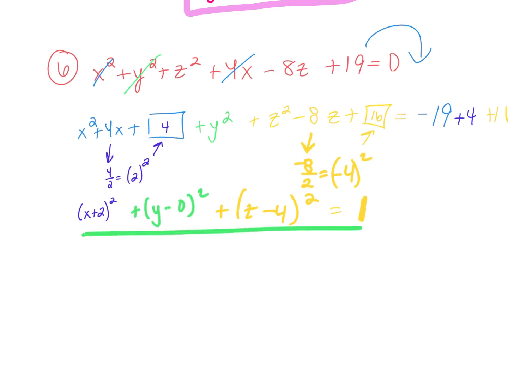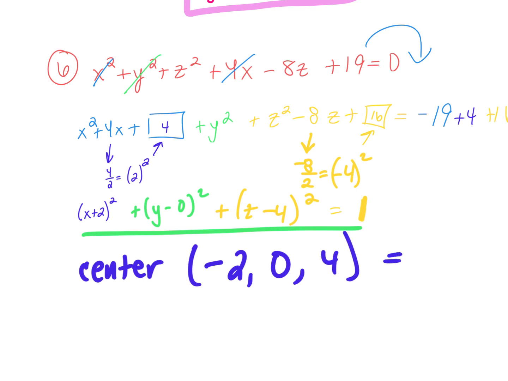Now you can tell me the center. Remember, when you pull the center out, the signs change. So what is my center for this one? Negative 2, comma 0, comma 4. And then what is your radius?